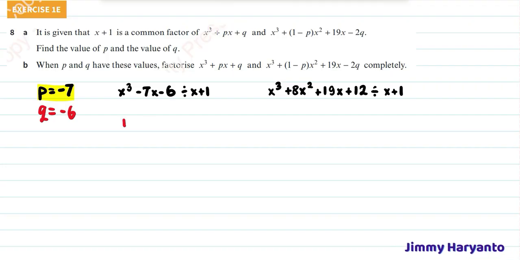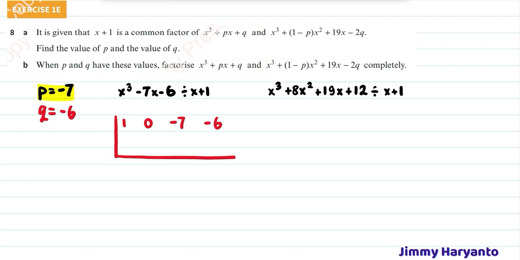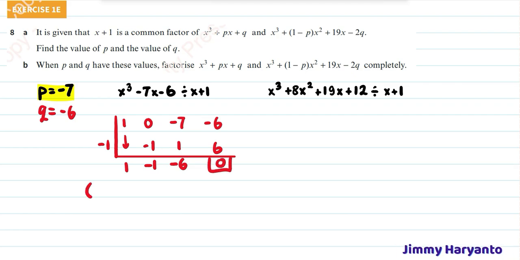I will use Horner for this one. The x squared is skipped, so it has to be 0, and then negative 6, and then I have x equals negative 1 from here. Then just use Horner: 1, negative 1, negative 1, 1, negative 6, and then 6. The remainder is 0, of course, because it's a factor.